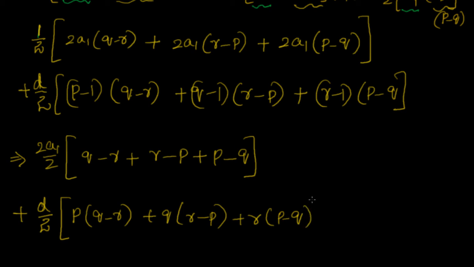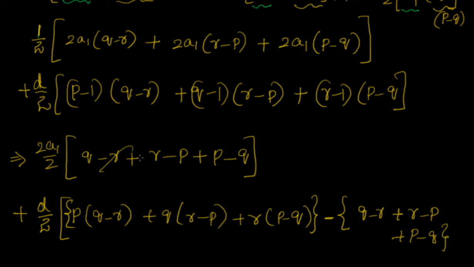That will be one set. After that I will have minus, and I will have q minus r plus r minus p plus p minus q. This will be the other one.